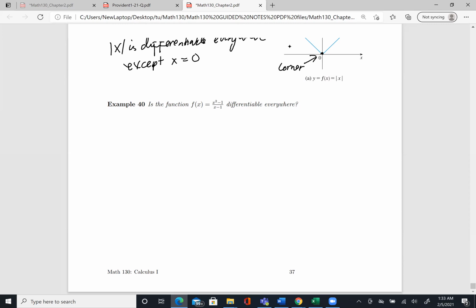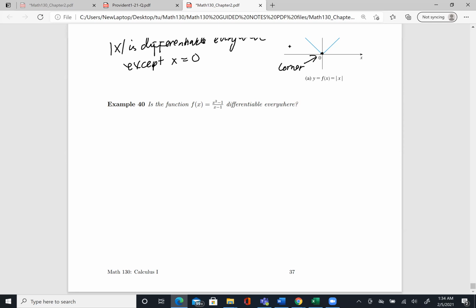Okay, the last example: is the function f of x equal to x squared minus 1 over x minus 1 differentiable everywhere? Remember that this is a rational function. Firstly, you can right away think about the bottom. What happens with the domain?